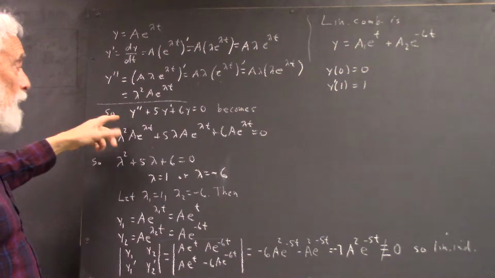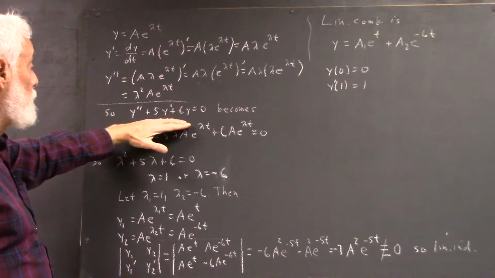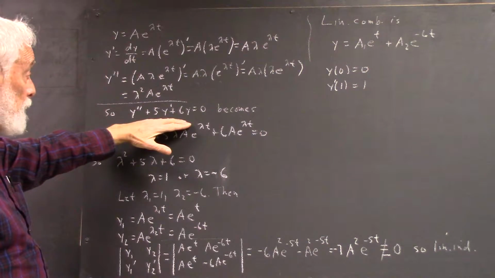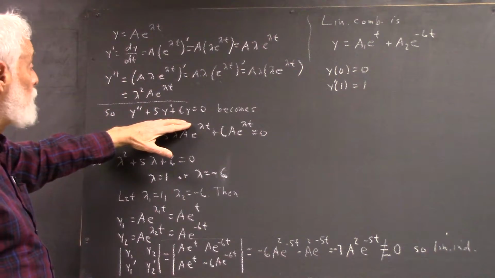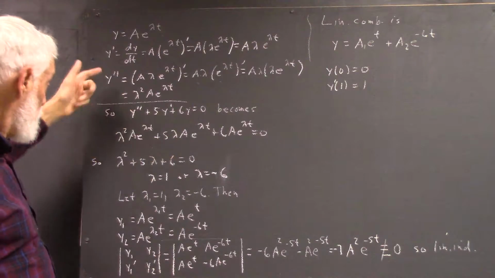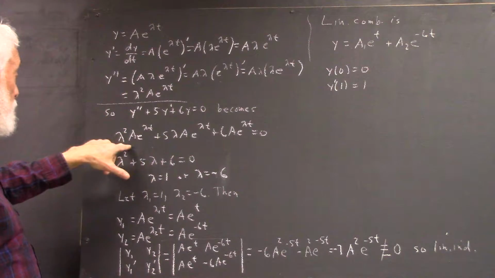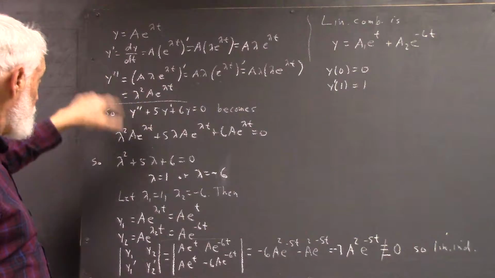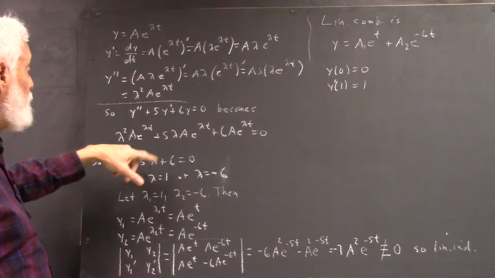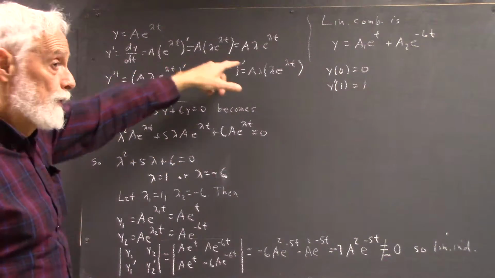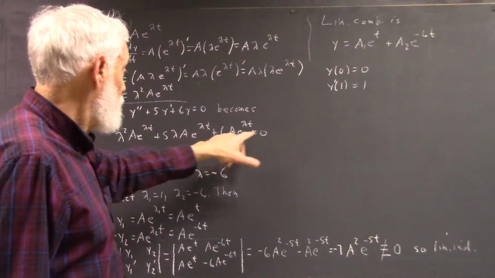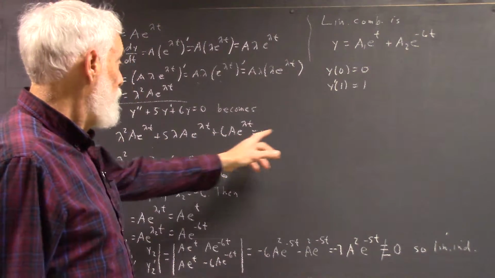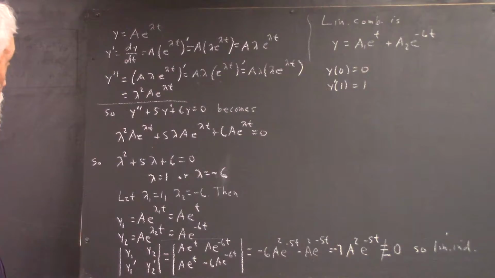So, our equation, y double prime plus 5y prime plus 6y equals 0, becomes what? Well, it becomes lambda squared ae to the lambda t, because that's what y double prime is, and then 5 times your expression for y prime, and then 6 times your expression for y, and that's equal to 0.